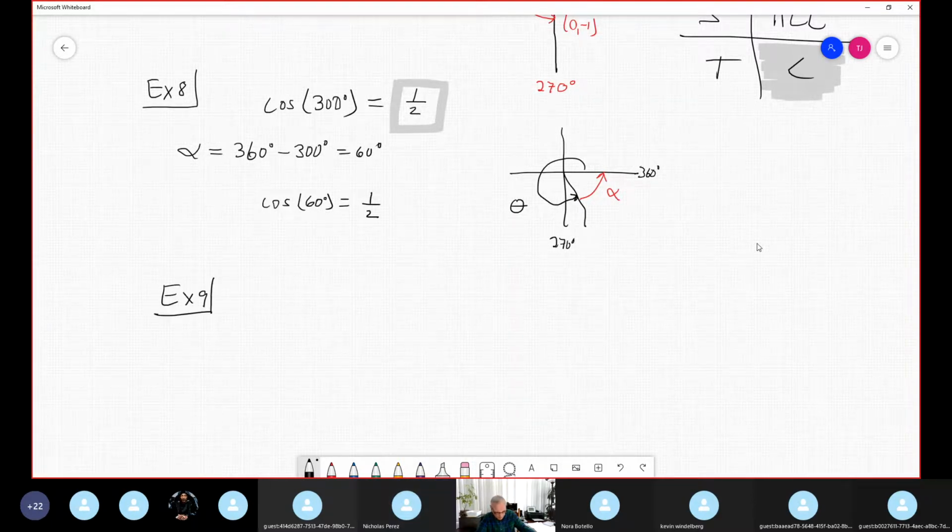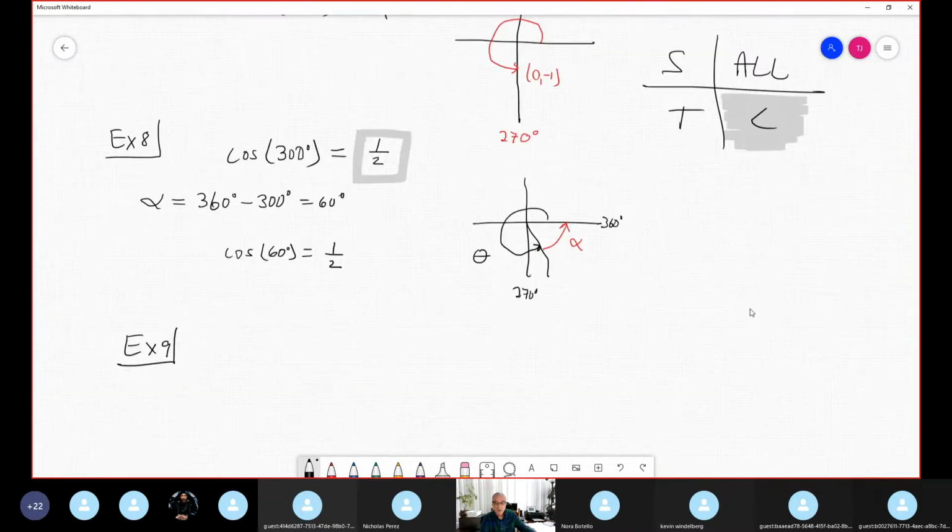So the bottom two are positive, so it will be positive. Yes, and the reason is that any angle that lies in the fourth quadrant has a positive cosine.